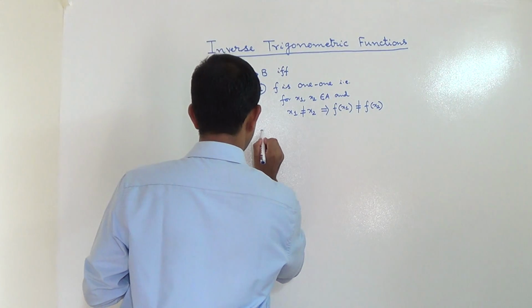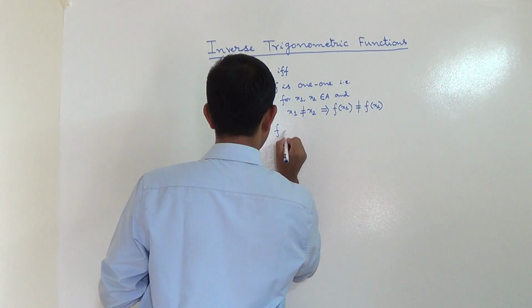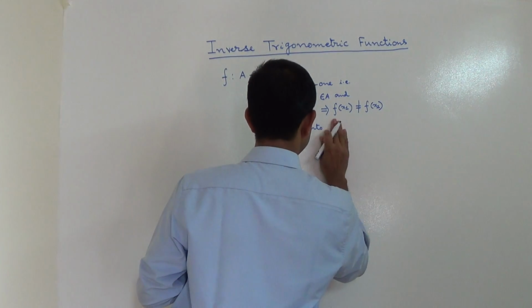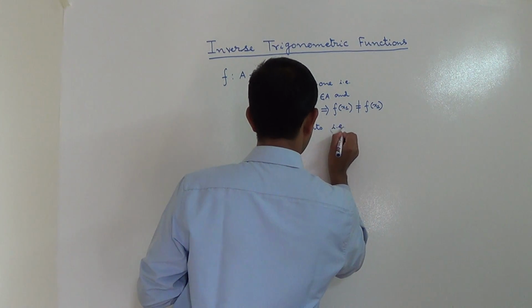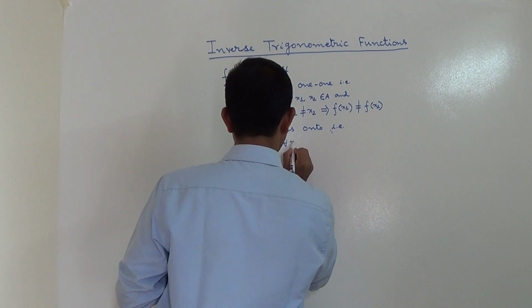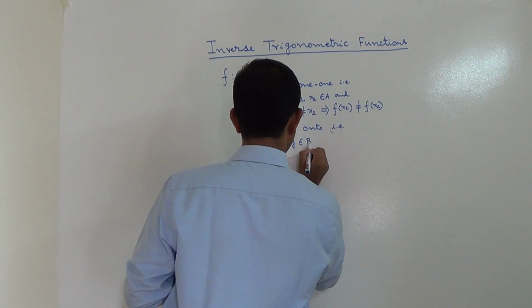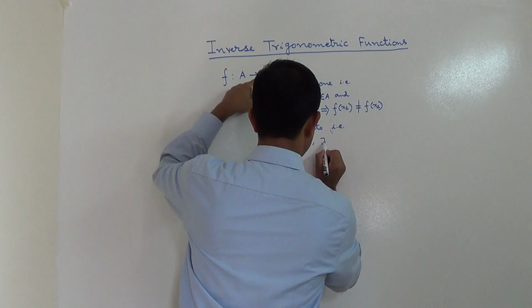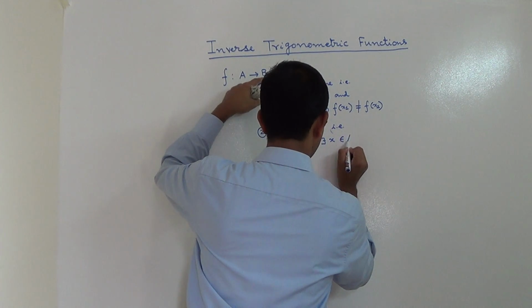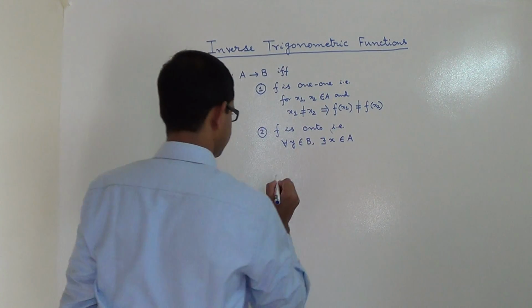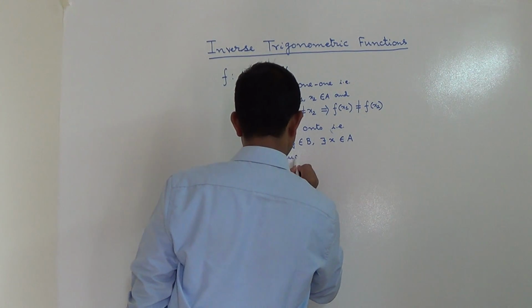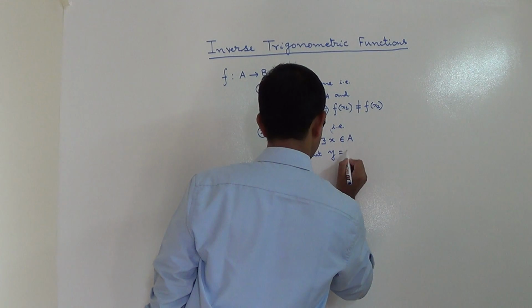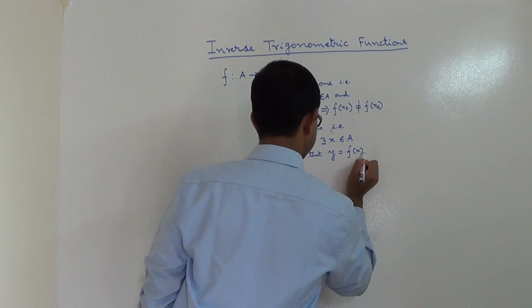And what is onto? If f is onto, that is, for all y belonging to B, the codomain set, there exists x belonging to A, the domain set, such that y equals f(x).